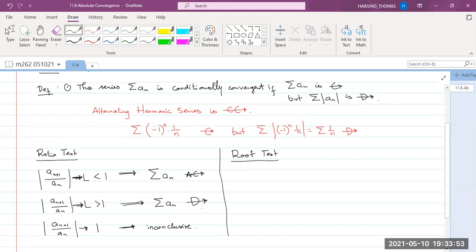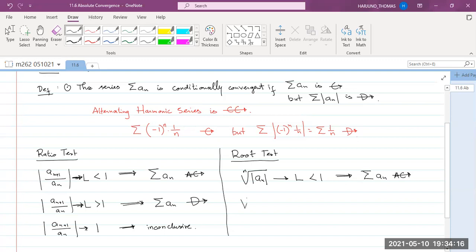The root test says that if the nth root of the absolute value of A sub n converges to L, which is less than 1, then the series is absolutely convergent.